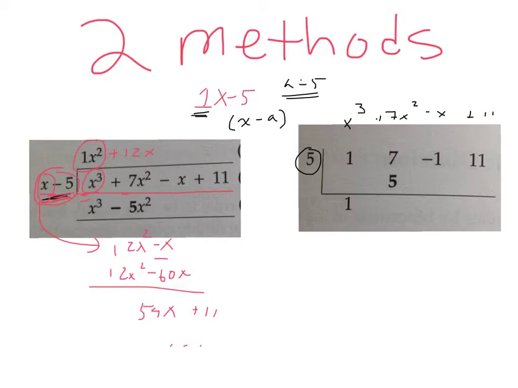The leading term goes in one time, so this 1 always drops, and then we can say 5 times 1 is 5, and we're just adding these numbers up, so 12, and then 5 times 12 is 60, add them up, 59, and then 5 times 59, well, that gets a little bit bigger now.